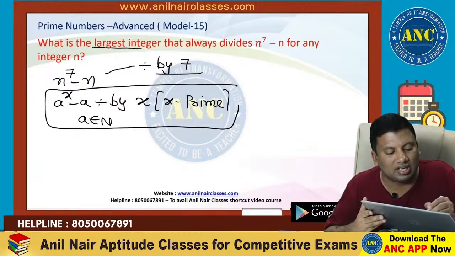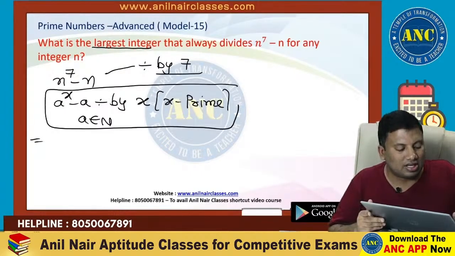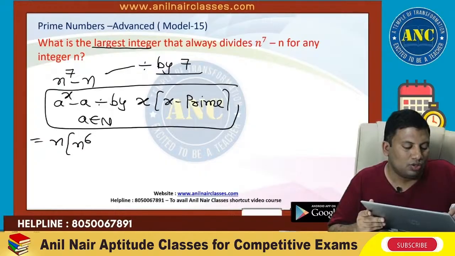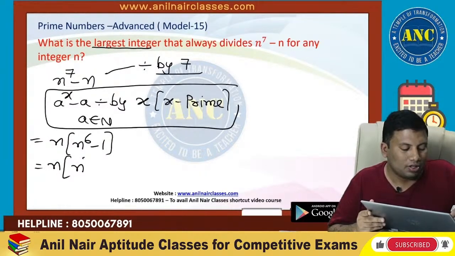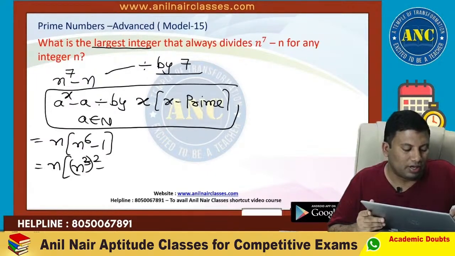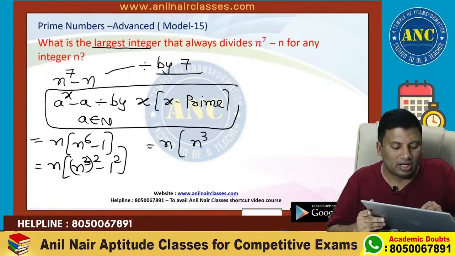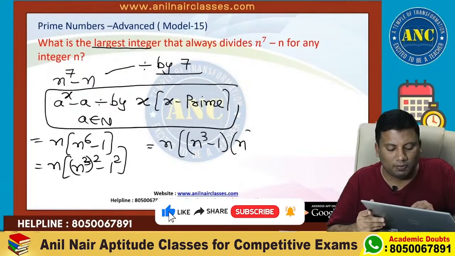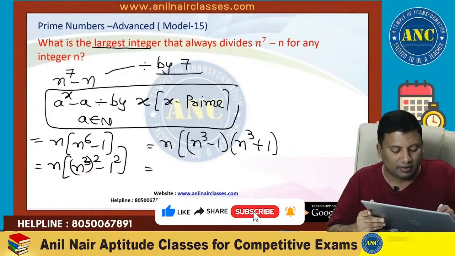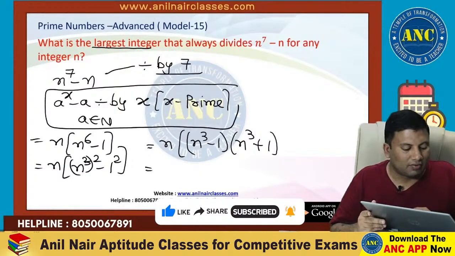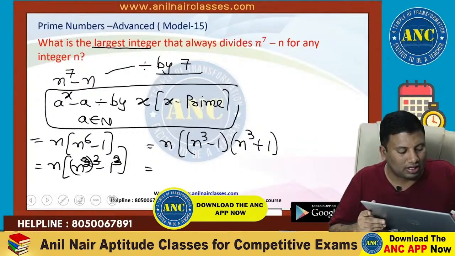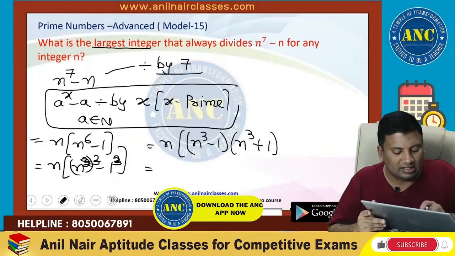But the question is the largest integer. So this can be written as n into (n^6 minus 1). This is nothing but n into ((n^3)^2 minus 1^2), which is n into (n^3 minus 1) into (n^3 plus 1). We will write n^3 minus 1 as (n^2)^3 minus 1^3, so that we get some more factors easily.